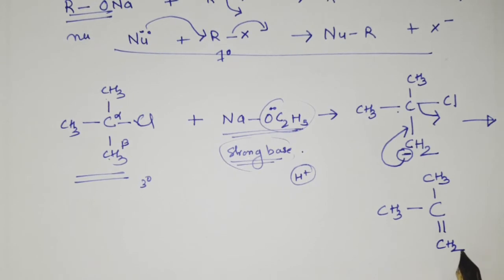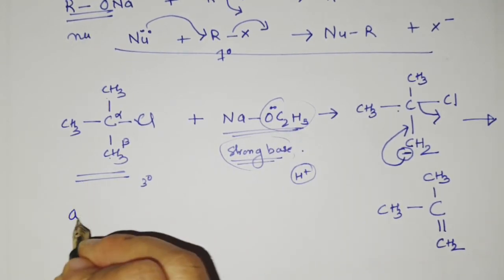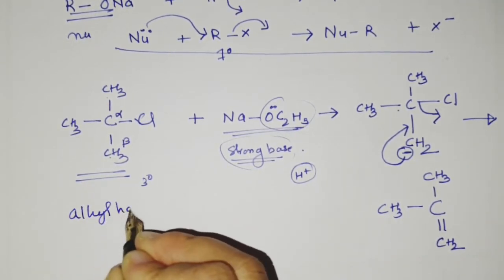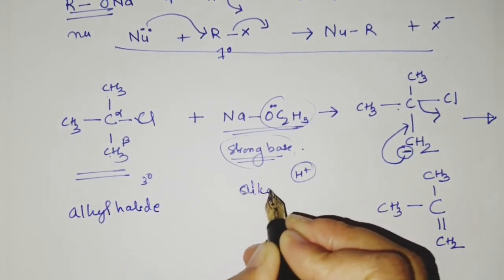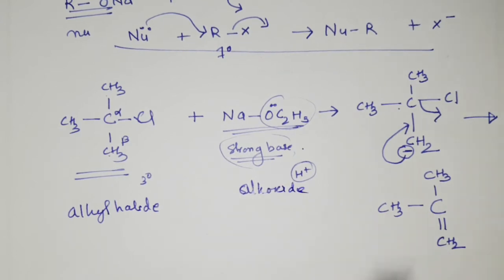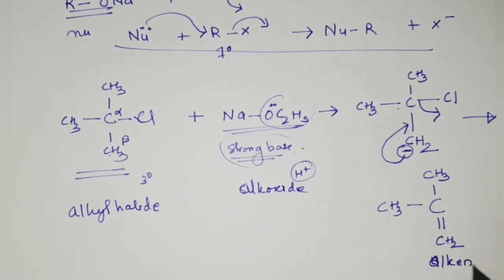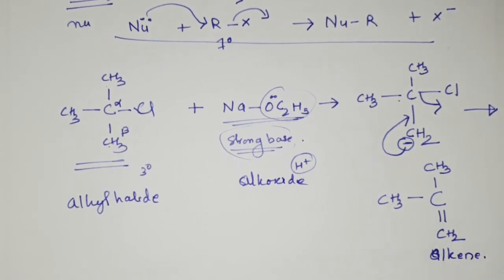This is not ether though you have taken alkyl halide, okay, you have taken alkoxide, okay, but you are not getting ether. What you are getting is alkene. So because of that, limitations are there for Williamson synthesis.